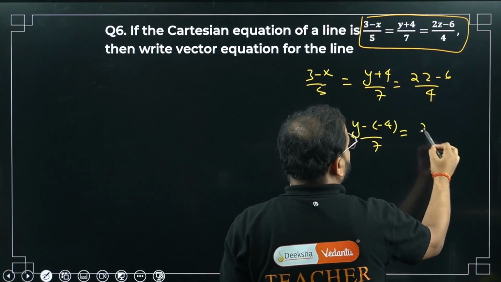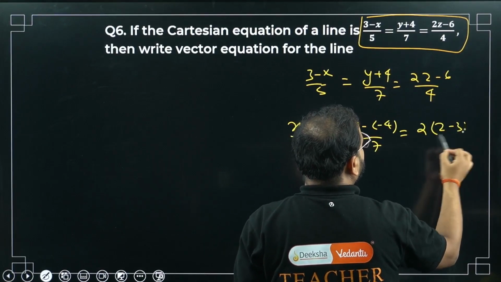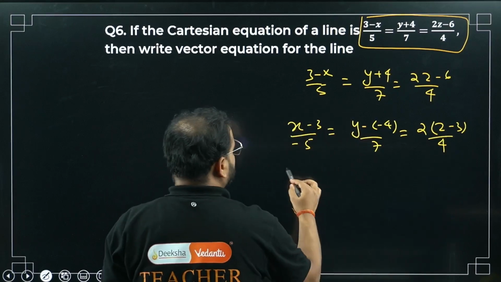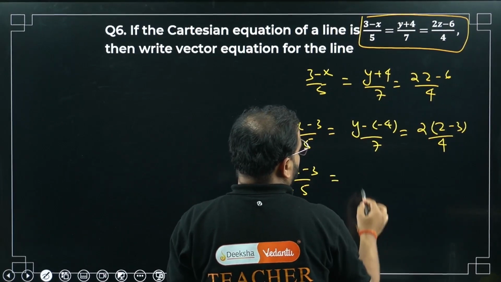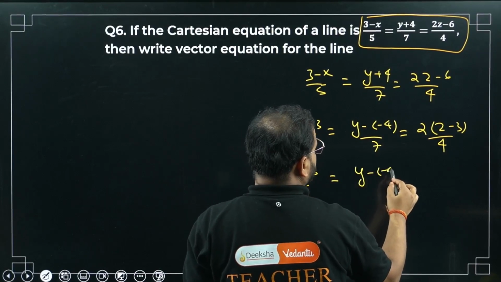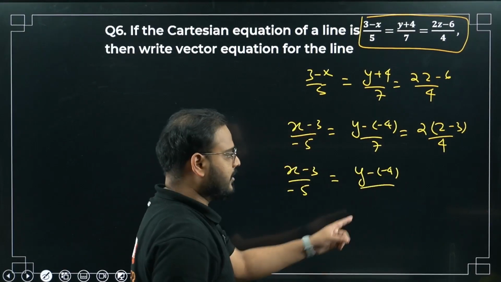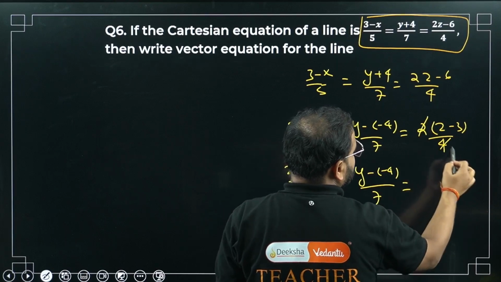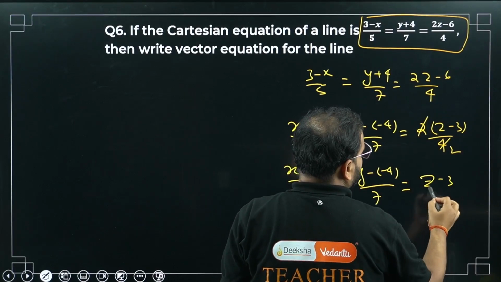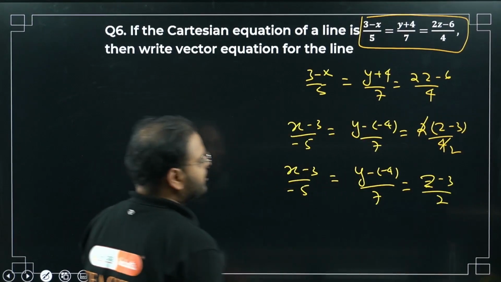Over here, what can I do, sir? 2z minus 6 upon 4. What I'm getting, sir? Please check. X minus 3 upon minus 5. Here y minus of minus 4 upon what, bacha? Check here. This is going to be 7 as it is. What is it going to be, bacha? 2 and this cancel. So z minus 3 upon 2.